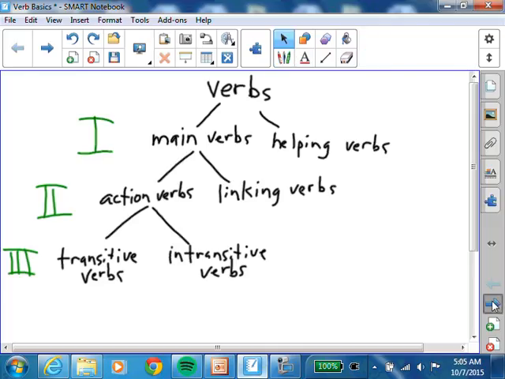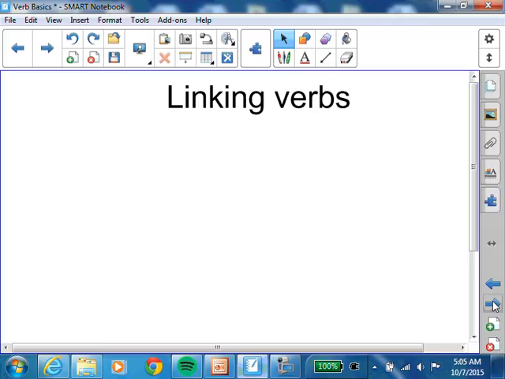In any case, let's go to our linking verb page here, and we're going to make some examples, and I will talk about myself. All right, so we'll make two examples with am, and I will make a very simple sentence about myself. I am Mr. Jones.